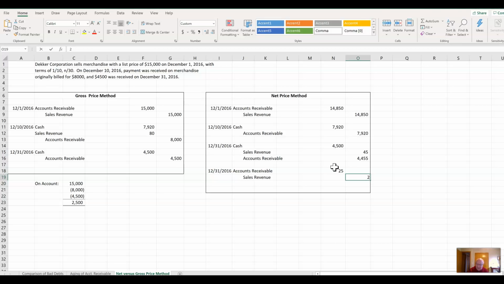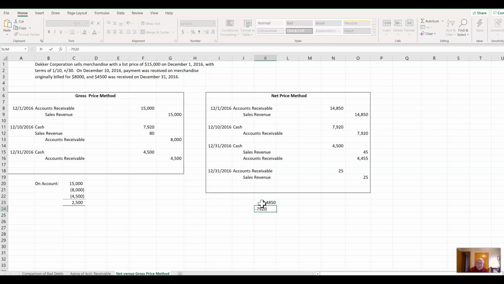Not 250, 25. Because what we have here is we started with, I'll do it down here, 14,850, and then you subtract 79.20, and 44.55, which gives you an auto sum of 24.75.